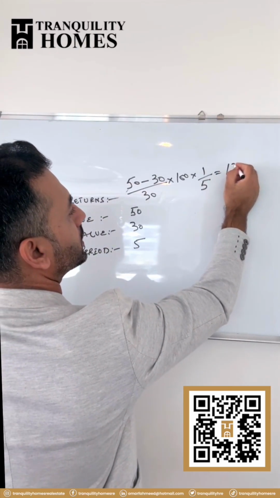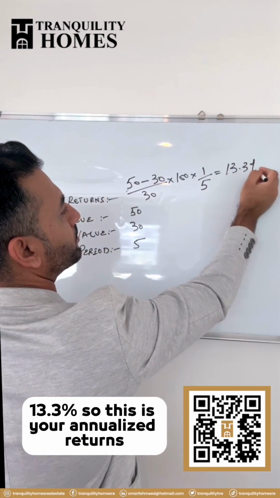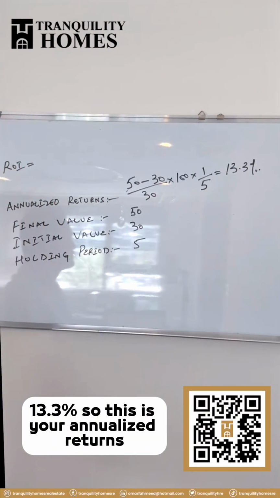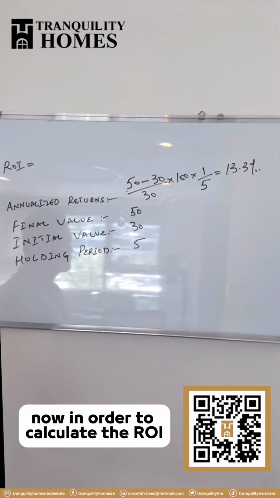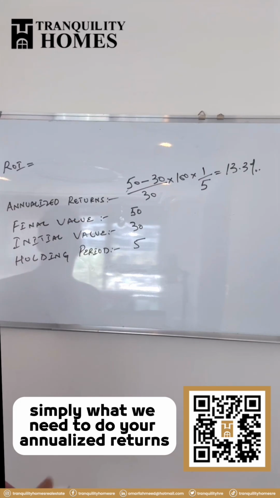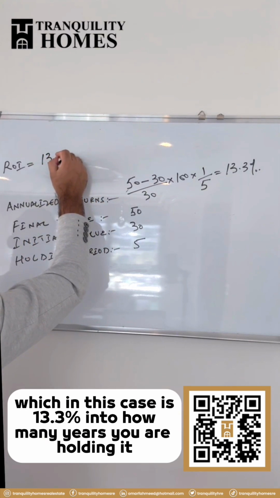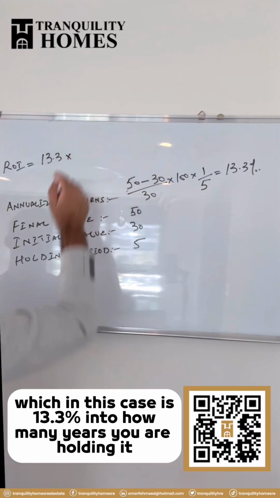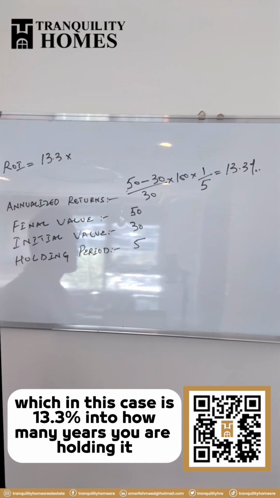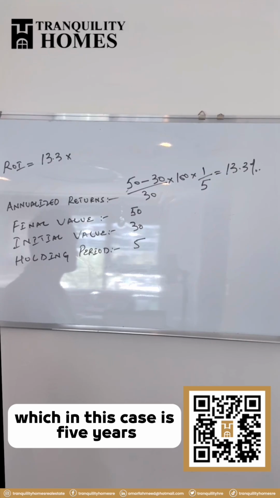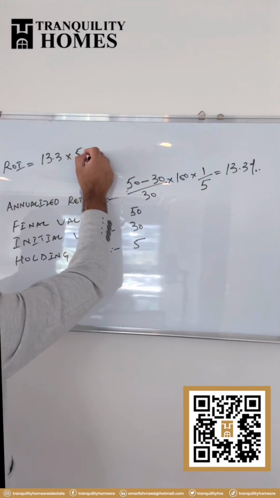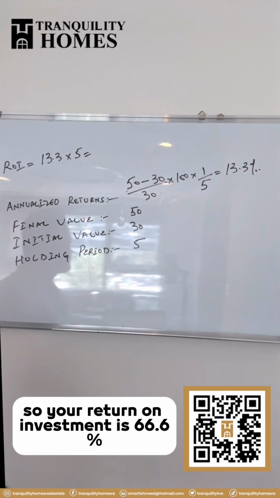So it gives you 13.3%. So this is your annualized returns. Now in order to calculate the ROI, simply what we need to do is take your annualized returns, which in this case is 13.3%, into how many years you are holding it, which in this case is 5 years. So your return on investment is 66.6%.